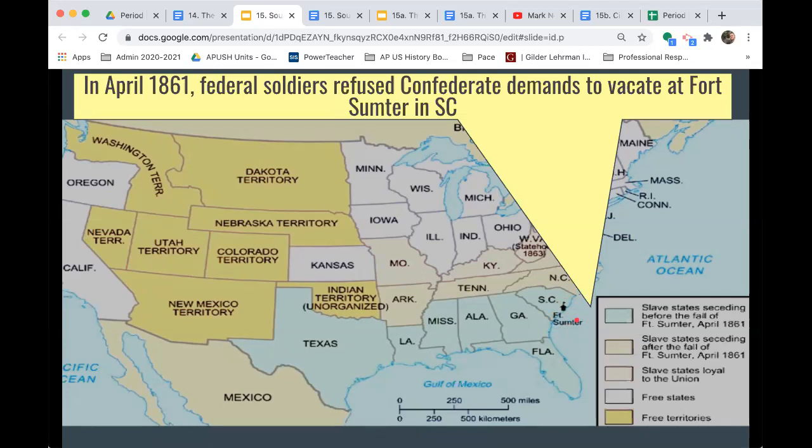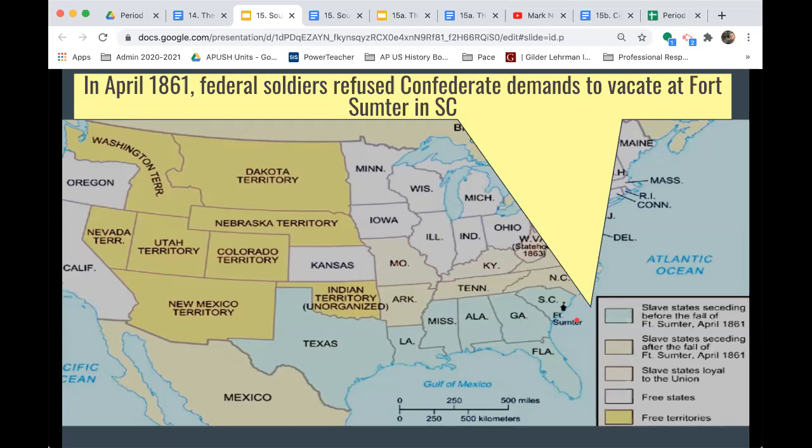The American government still has control of this Fort Sumter, right off the coast of South Carolina. All right. Now, South Carolina and the Confederacy has demanded, hey, give us that fort. It's in our territory. We've left the country. It's ours now. Right. And U.S. soldiers have said, no, this is U.S. federal property. You can't just have this fort. We're holding on to this. If you want it, you can come take it.